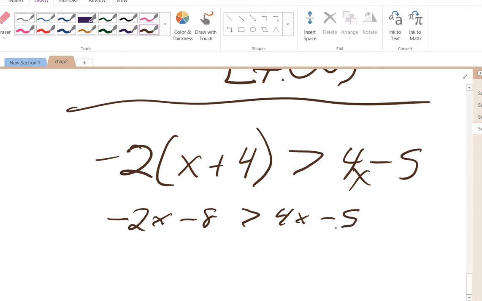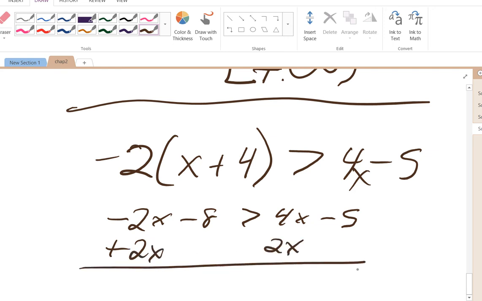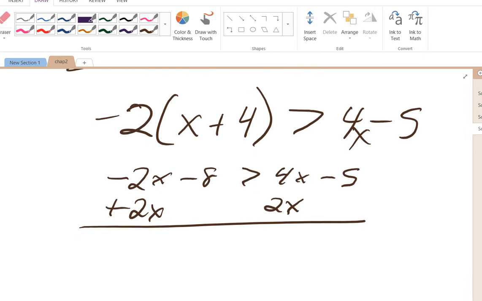We're just going to distribute that inside just like it's an equal sign. And now what should we do? Subtract 4x? Oh, do the 2x? That's a good move because we're not going to have any negatives then, see? That's a good idea.